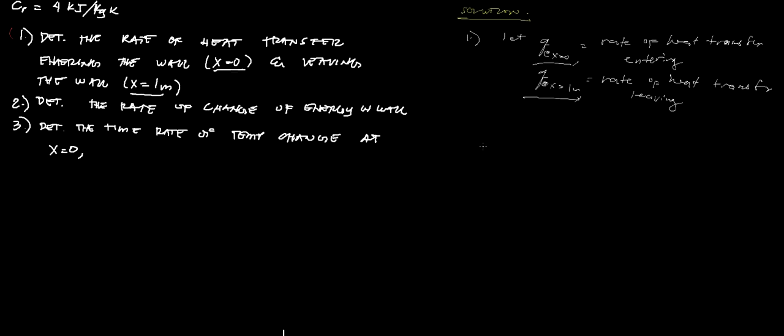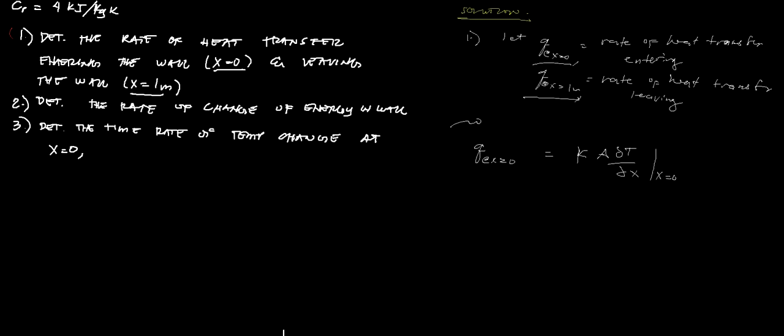So first, for the Q when x is at 0, we can always use the general equation, which is K A, delta T per delta x, at x is equal to 0.